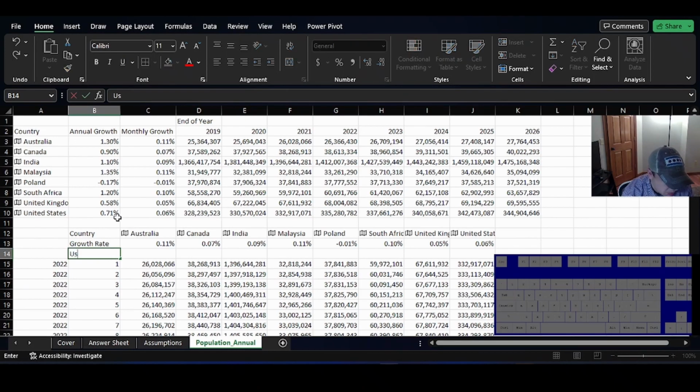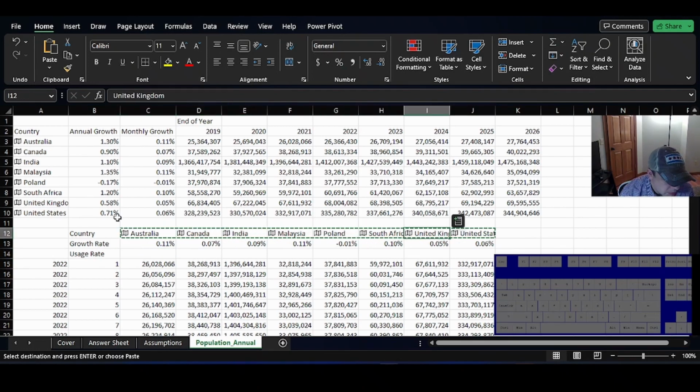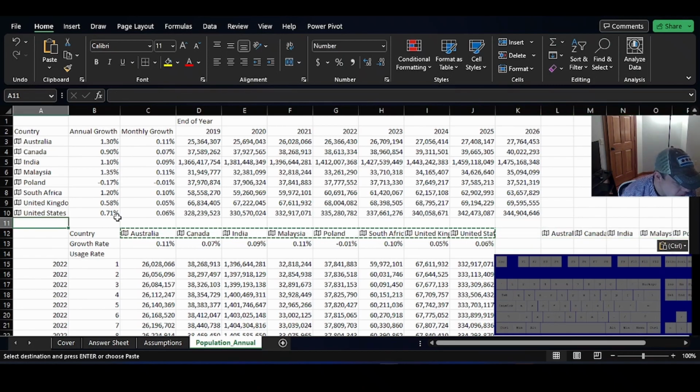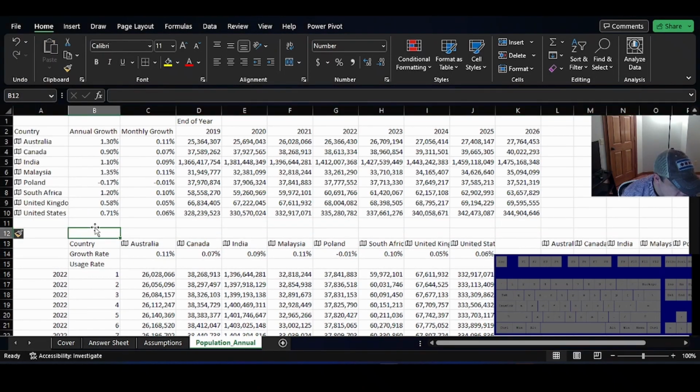So let's actually just do this. So this is usage. No, sorry, this is population. Yeah, let's put that over 1.